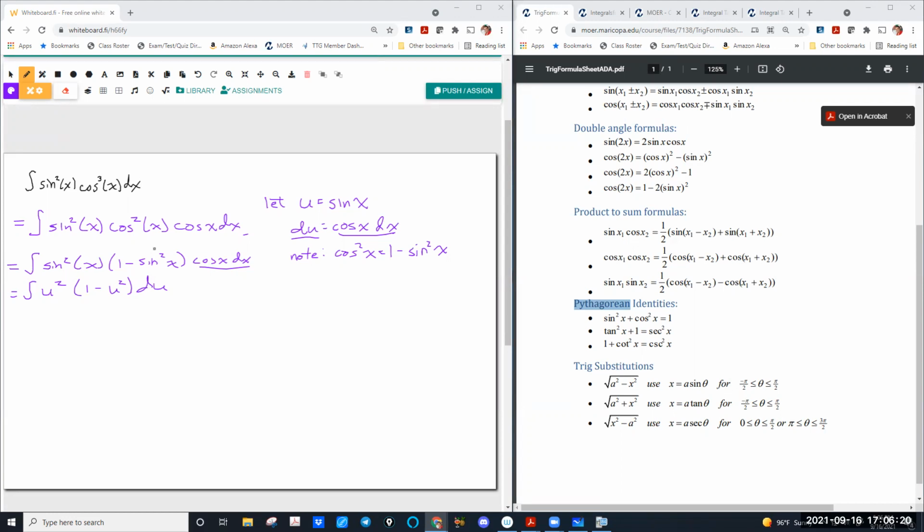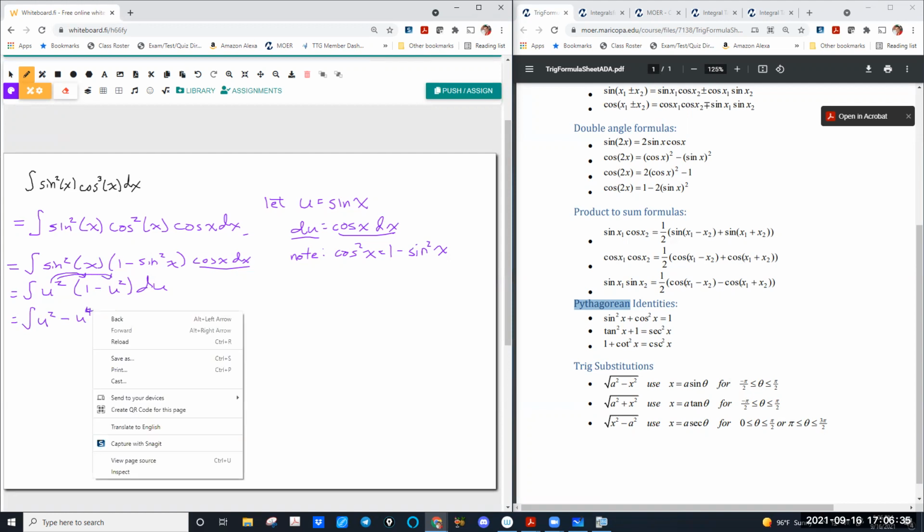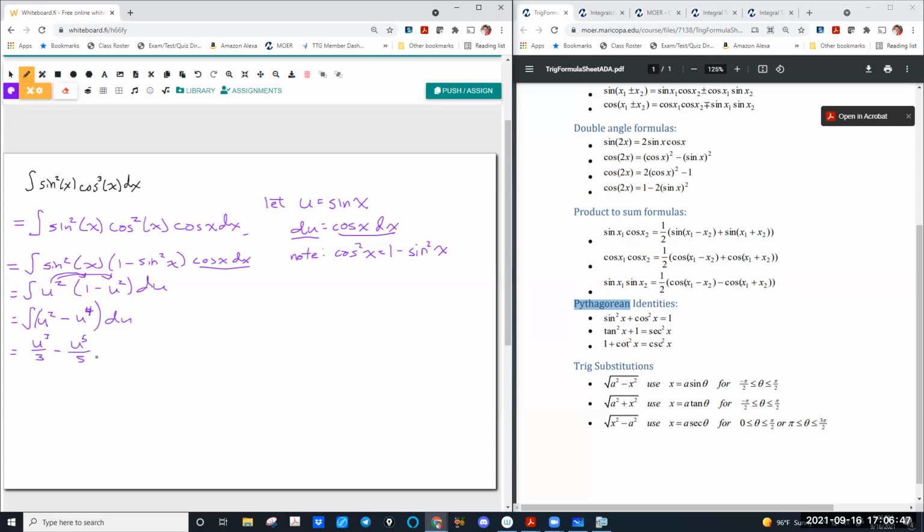All right, so now we focus on this integral in terms of u. We're going to distribute the u squared. So we get u squared minus u to the fourth du, that's a 4. This can be done piece by piece. We now have basic antiderivatives, u cubed over 3 minus u to the 5th over 5.